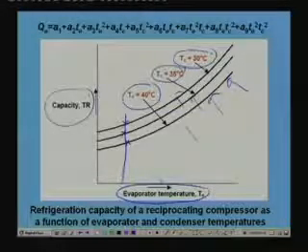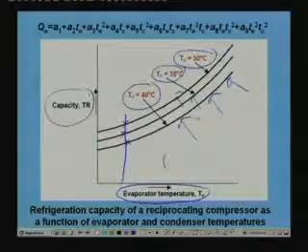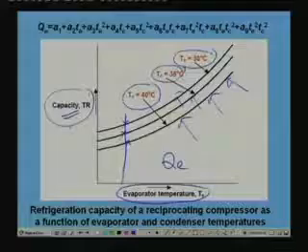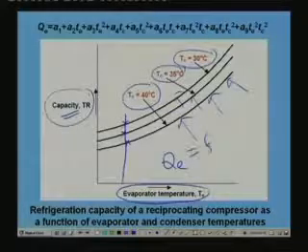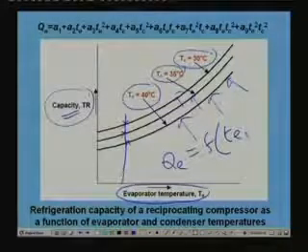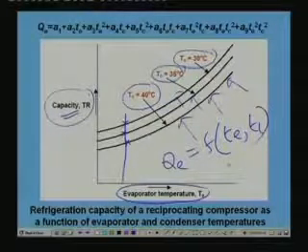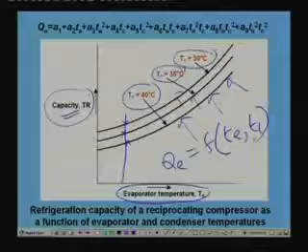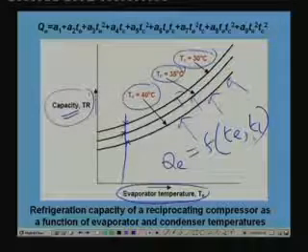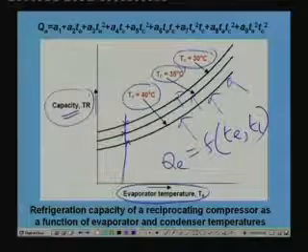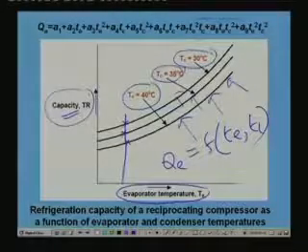For each curve, you can fit an equation. For example, let us say QE is the capacity of the system. So QE can be expressed as a function of TE and TC. Generally it will be an algebraic equation, a polynomial equation for example. So for this kind of compressor, it is shown that you can represent the performance characteristics by this equation.